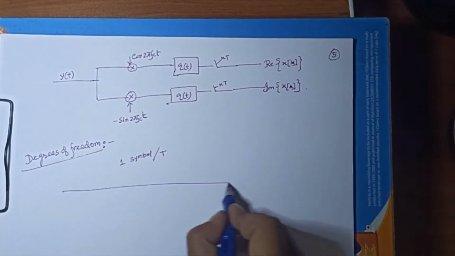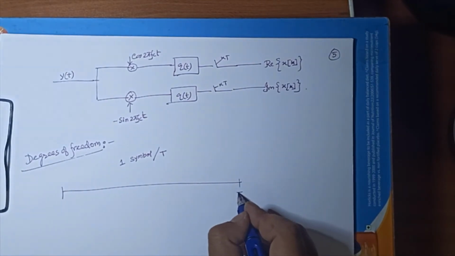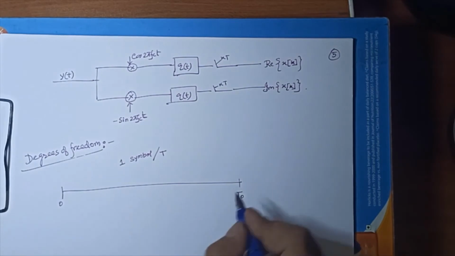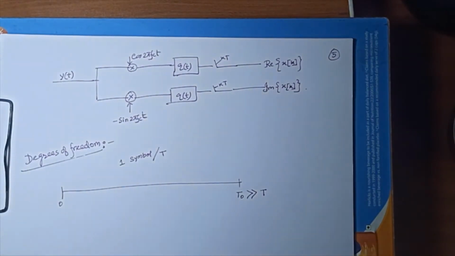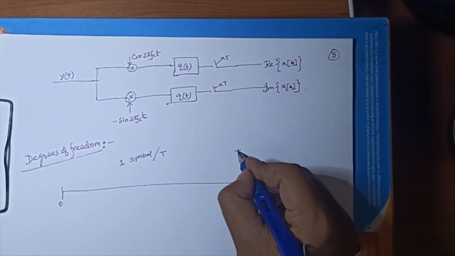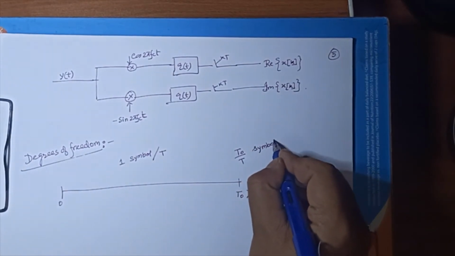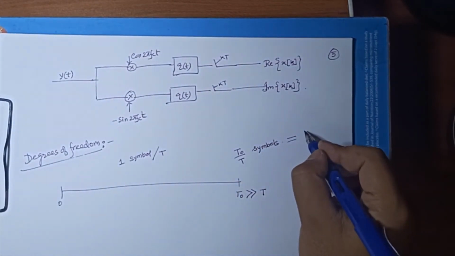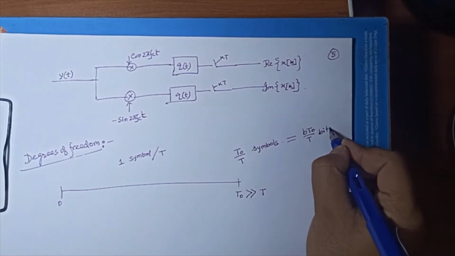So if you take a long enough time duration, suppose you take a time duration of T0, which is very high. So how many symbols you can send through this time window? T0 by T symbols, which is equivalent to saying b T0 by T bits. That is what you are sending.